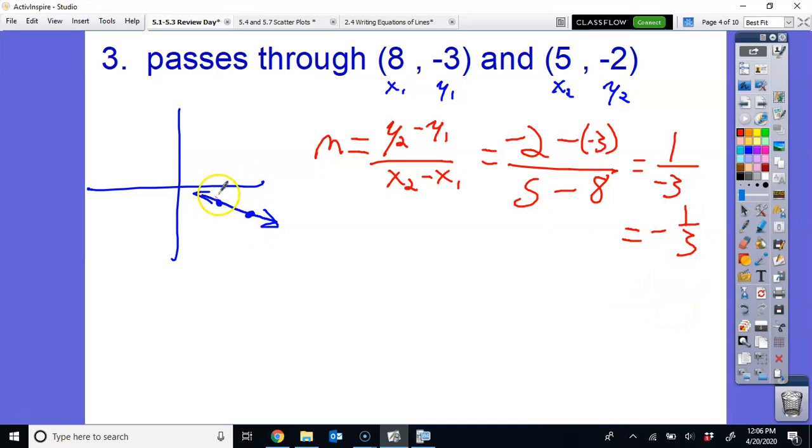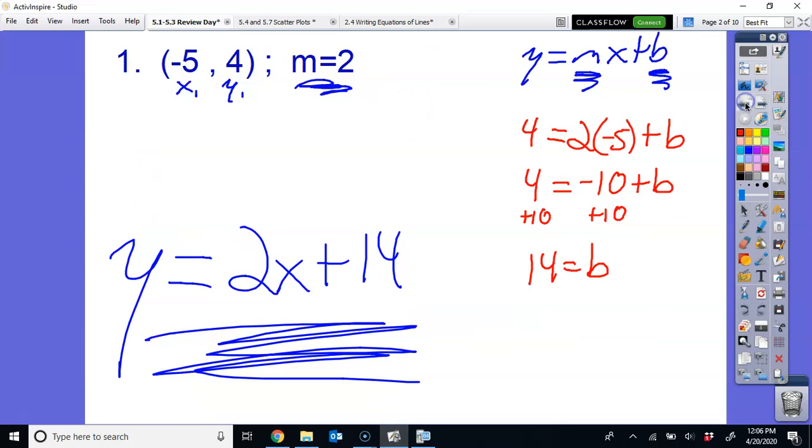If you look over here at the sketch that Mr. Harrison drew, it should make sense. Down 1 over 3. That's what we talked about with the rise over run, the slope. So there's my m, but I still don't have my b. So then I just go back to the same thing I did here.